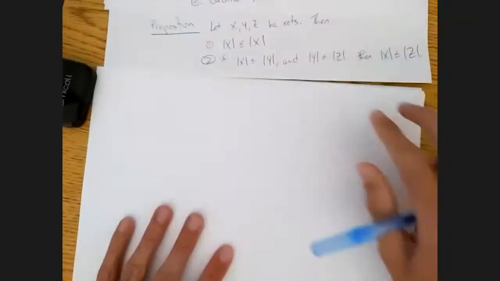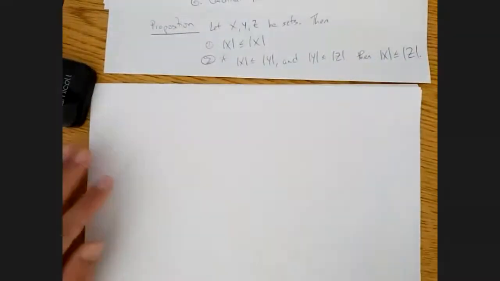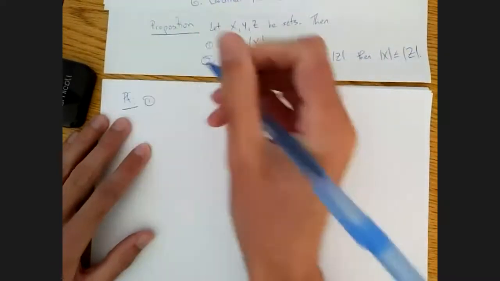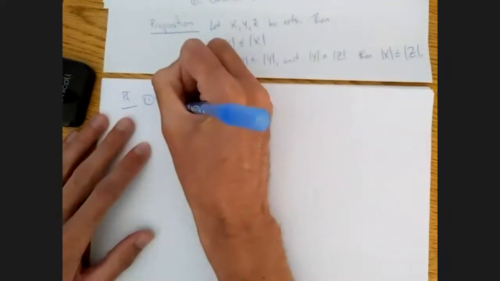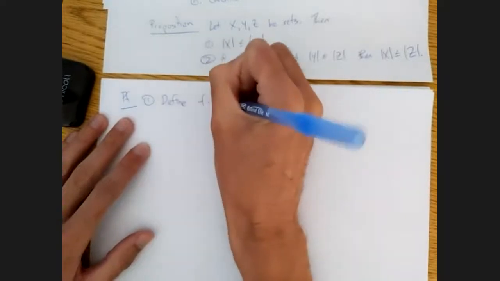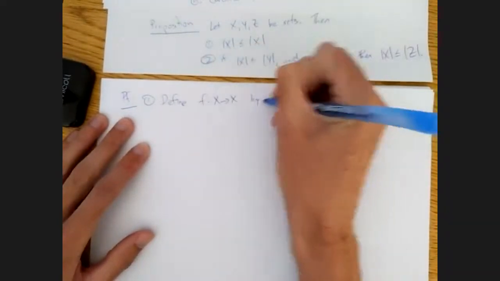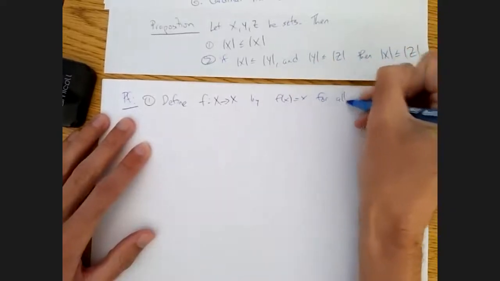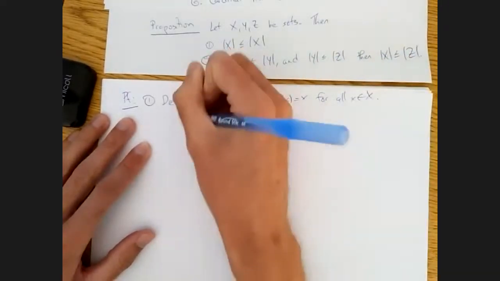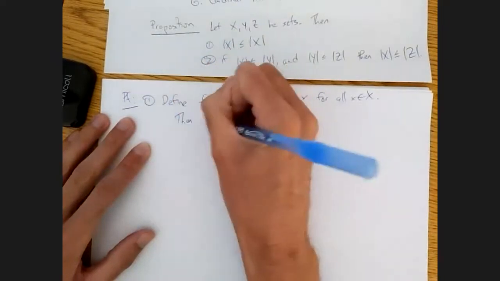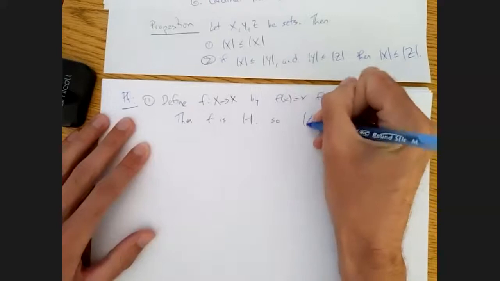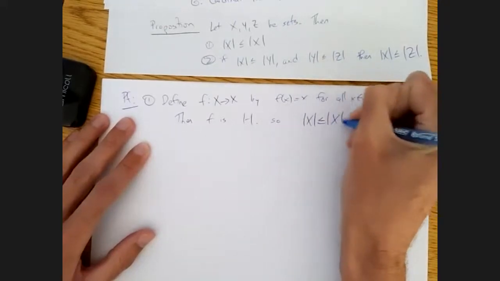Let me just move this up. For part one, define f from x to x by f of x equals x for all x. Then f is one-to-one. So the cardinality of x is less than or equal to the cardinality of x.